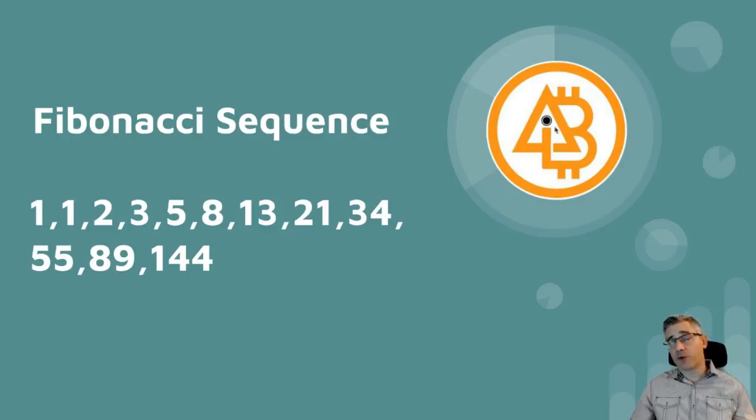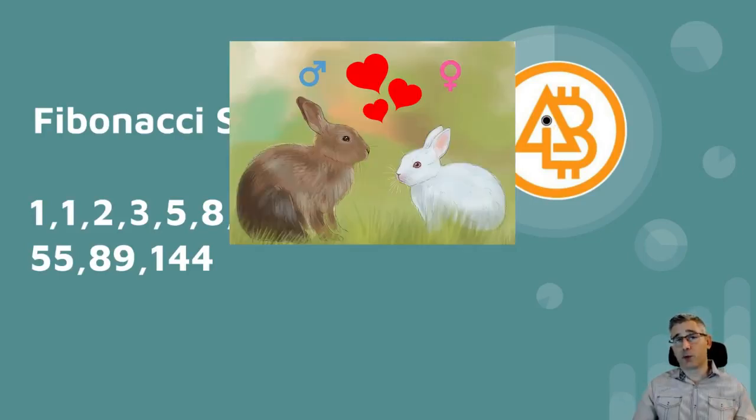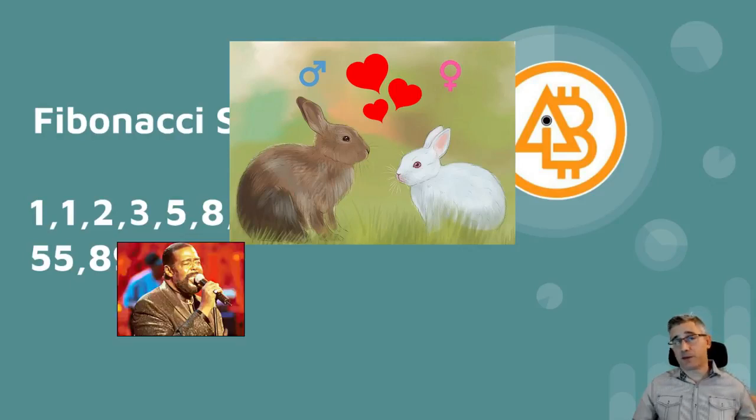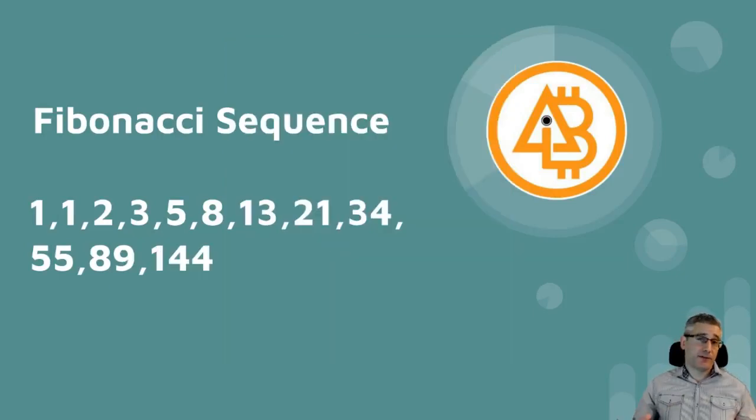And where this came from, and they must have been very bored in the Middle Ages, is there was a problem where they needed to figure out, if they put 2 rabbits in a room and they put some Barry White music on, how many rabbits would you have given a certain amount of time? I don't understand why they needed to figure that out, but I'm glad that they did, because now we have the Fibonacci sequence, and you'll see why it's significant in a minute.